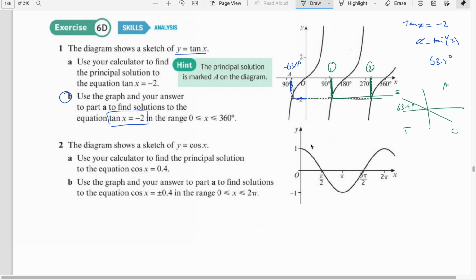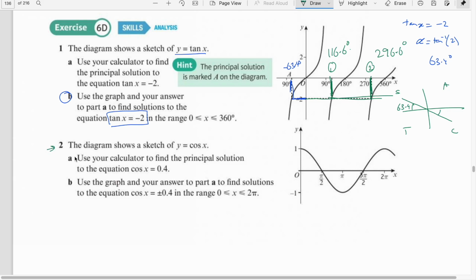So that is 63.4 less than 180, leaving me with an answer of 116.6 degrees, and the other one is 63.4 less than 360. That is 296.6 degrees.